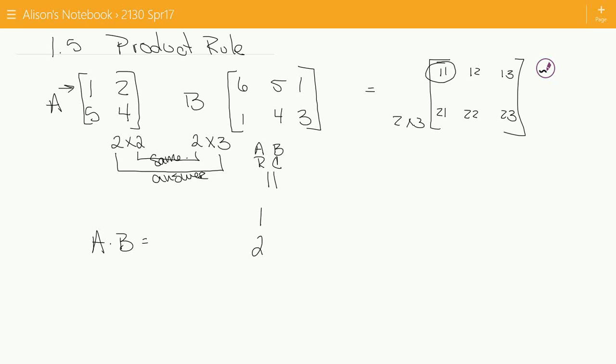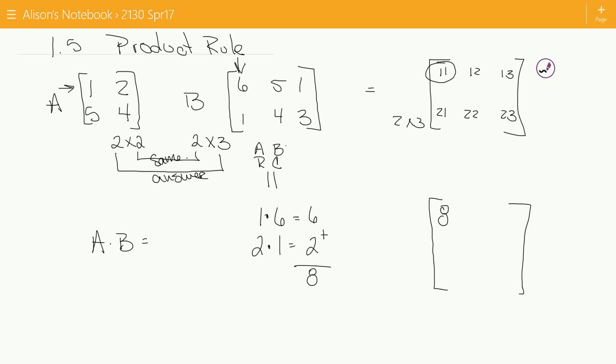And then I'm going to see if I can find column 1 from B. Well, there is column 1 from B, and I'm going to write it side by side, 6 and 1. And then I'm going to multiply those two values together. 1 times 6 is 6, 2 times 1 is 2, and then I'm going to add them for 8. So this value, I'll put it back over here, the 1, 1 value is going to be 8.